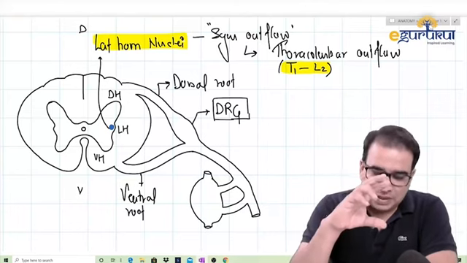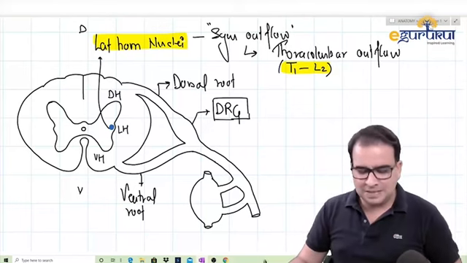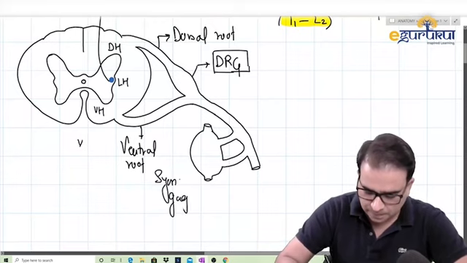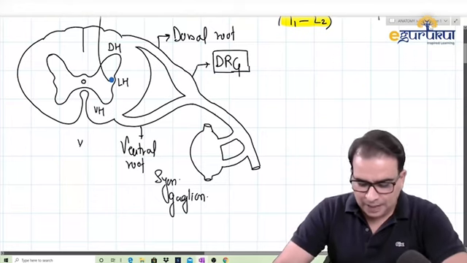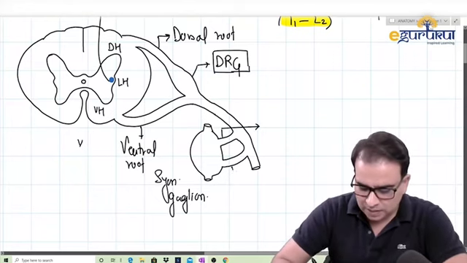Then what you see is that when this dorsal root and the ventral root fuse with each other, they form this spinal nerve, and this spinal nerve is seen connected to the sympathetic ganglion. It is connected to the sympathetic ganglion by these two roots, this one and this one.